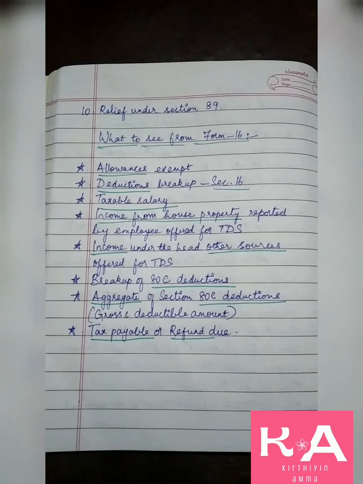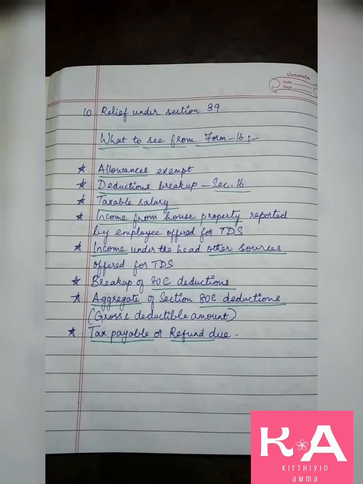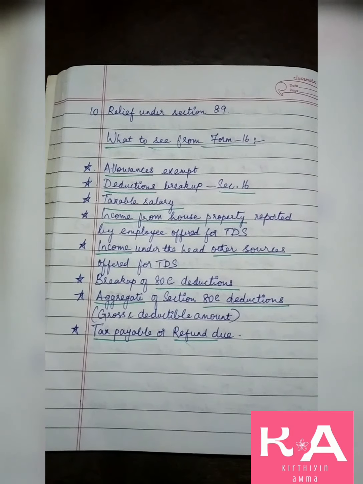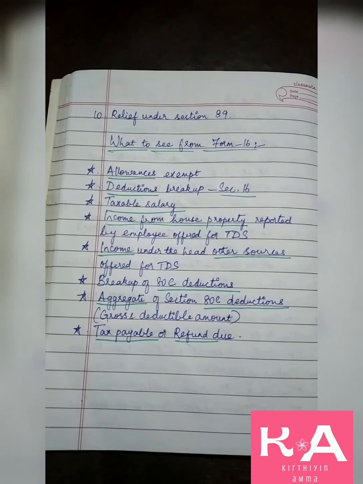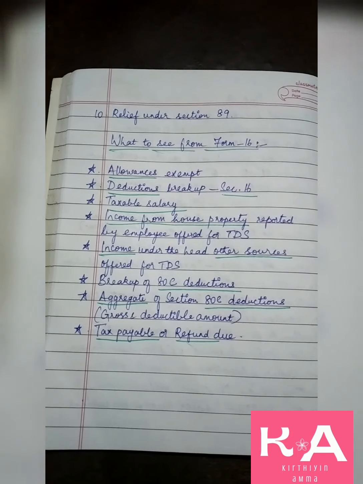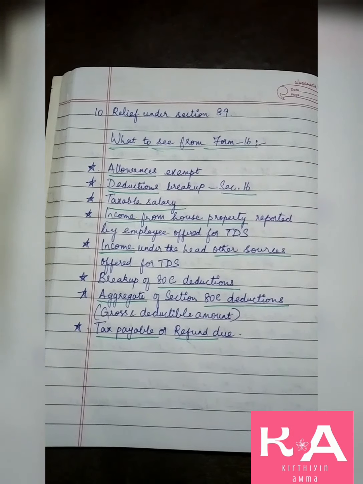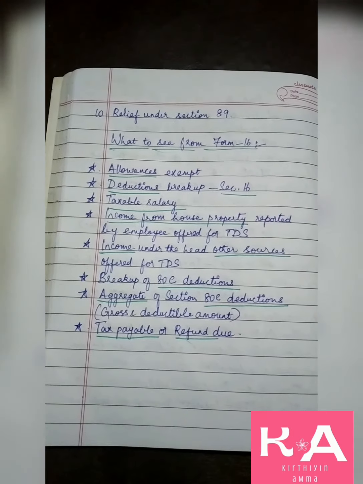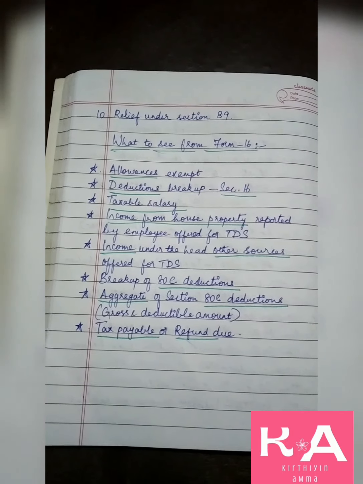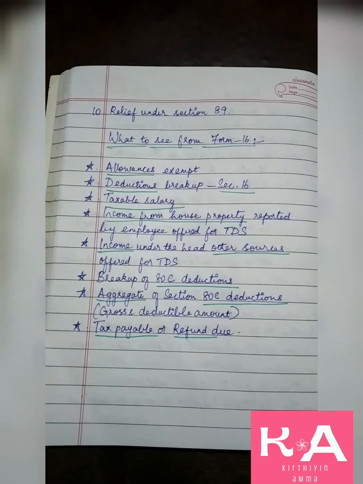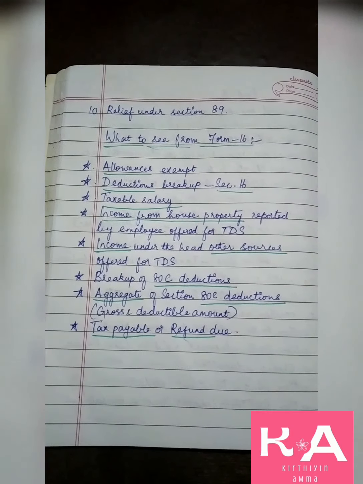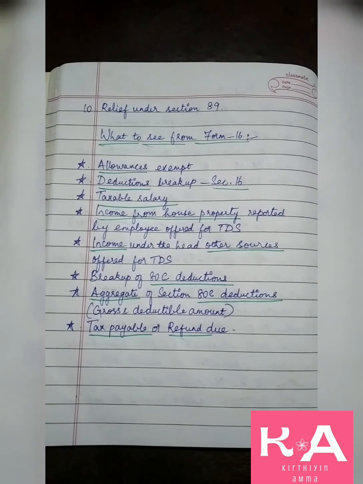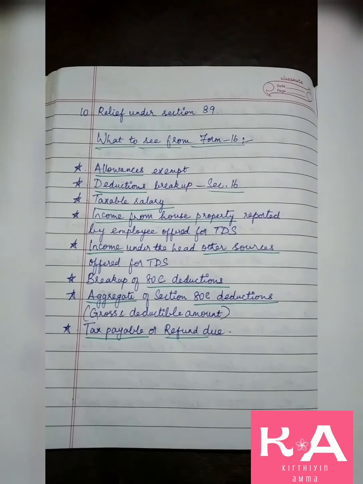So now, what to see from Form 16? What are the things we'll have to see in Form 16? Allowances exempt. Number 2, deductions breakup as per section 16. Number 3, taxable salary, so that you can know the amount of tax to be paid. Number 4, income from house property reported by employee offered for TDS. Number 5, income under the head other sources offered for TDS.